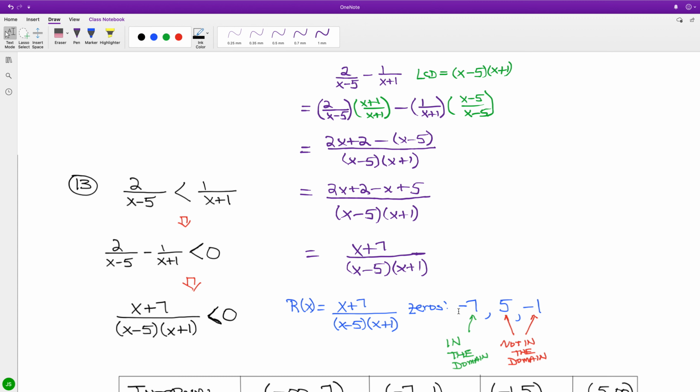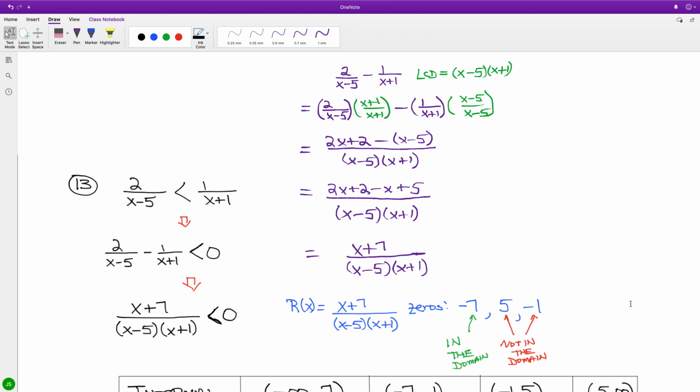From x plus 7, I have negative 7, and since this factor is exclusively in the numerator, and negative 7 does not result in a 0 denominator, negative 7 will be in the domain. However, 5 and negative 1 will not be in the domain of r of x, since these stem from factors located in the denominator, which cannot be equal to 0.